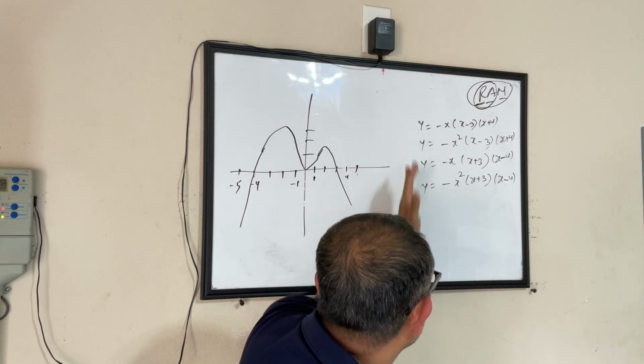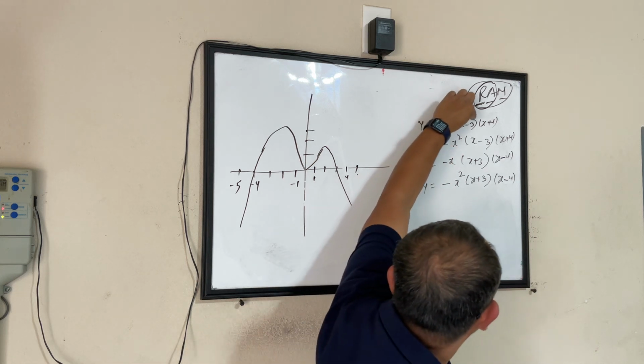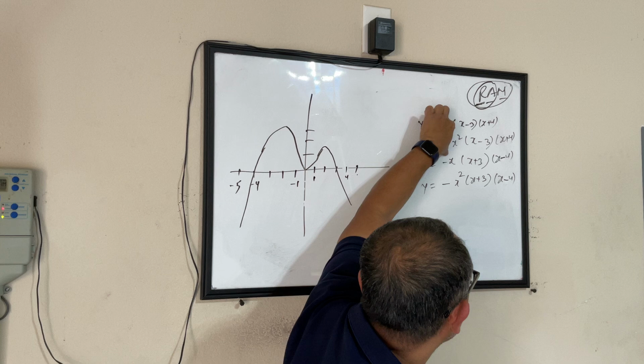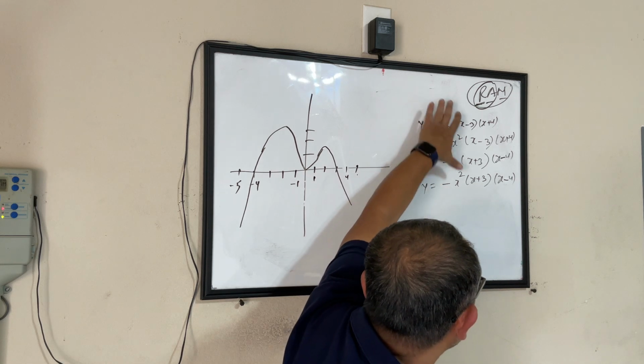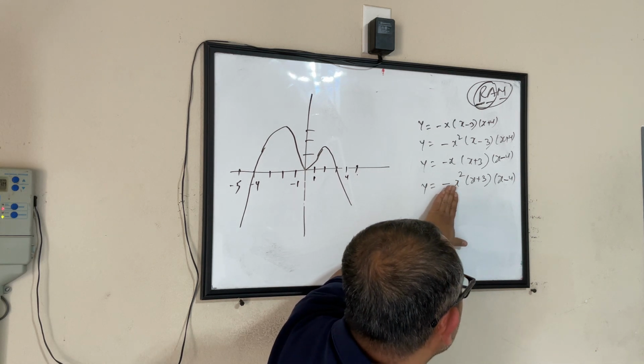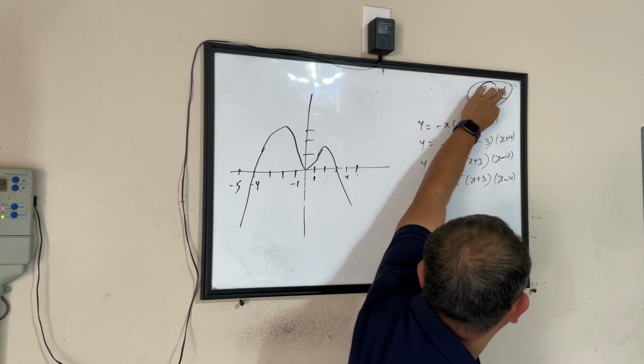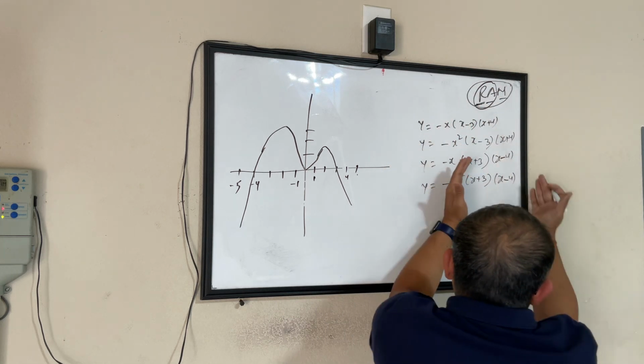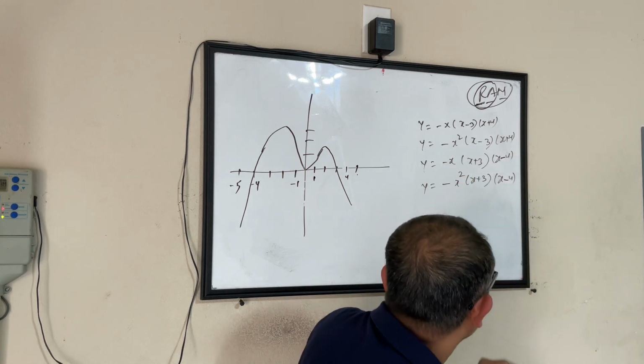If you look at these 4 equations, here you have x minus 3 into x plus 4, and outside you have minus x squared, the constant term outside. Then you have x minus 3 into x plus 4 again. These two have these two parts common, and so is the case with the last two also.